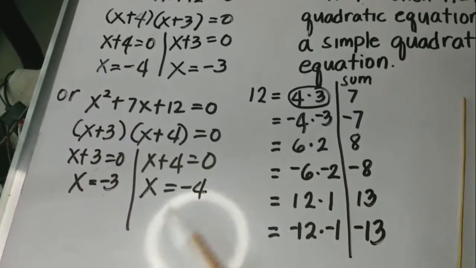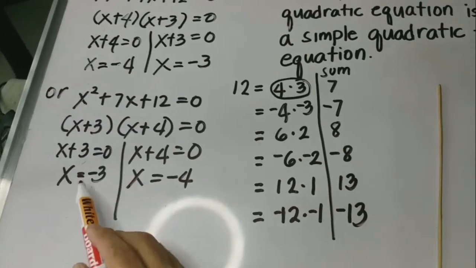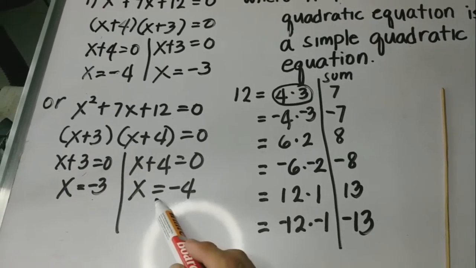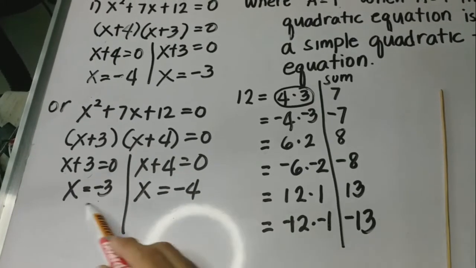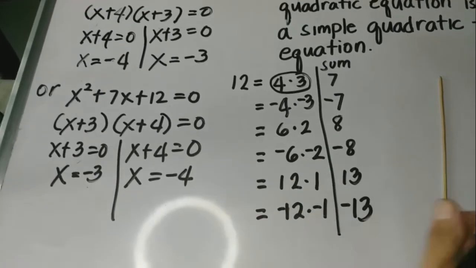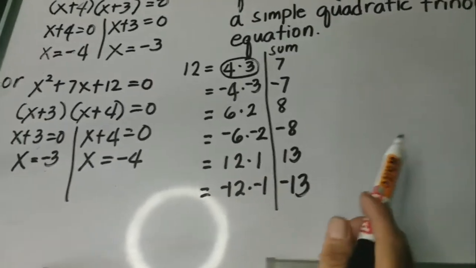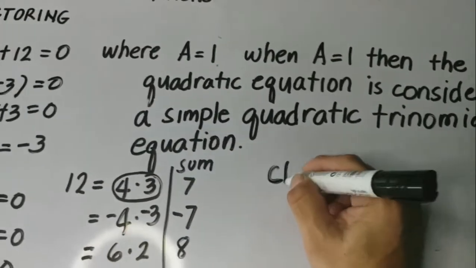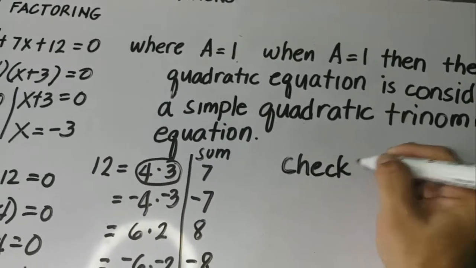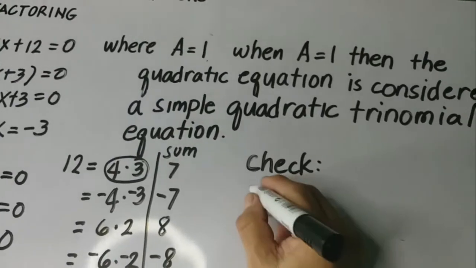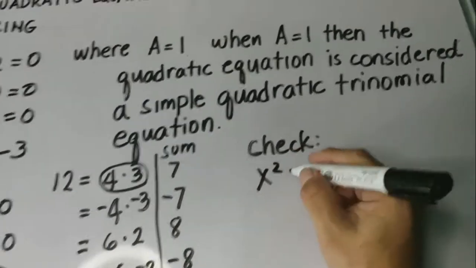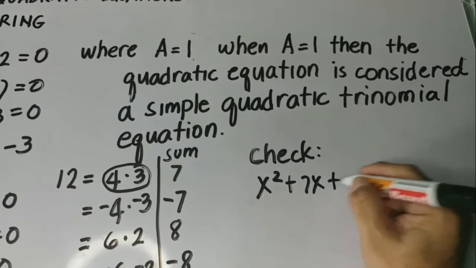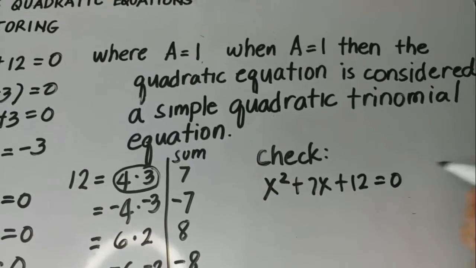Okay. So, how do we know that these solutions or roots here are correct? Let's do the checking. To check, x squared plus 7x plus 12 equals 0.